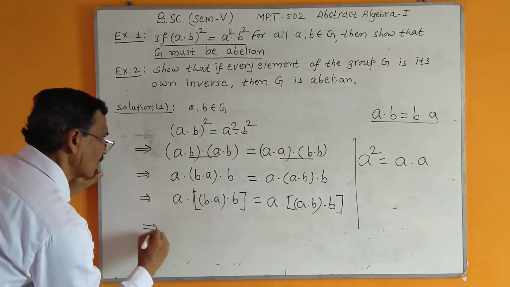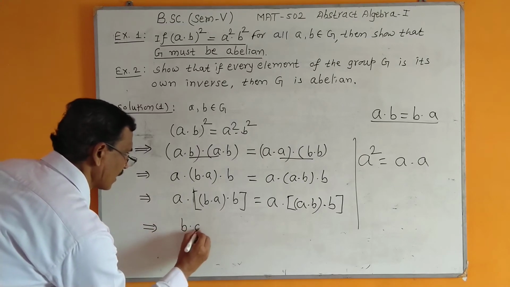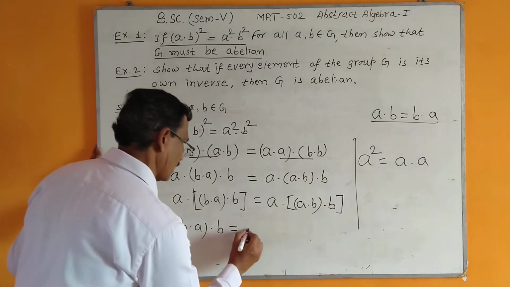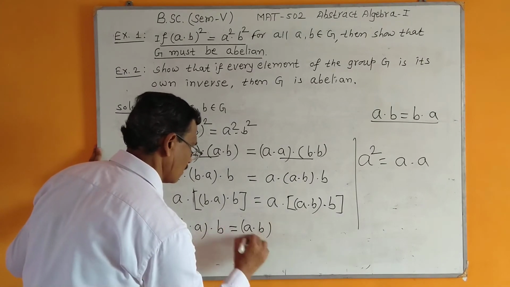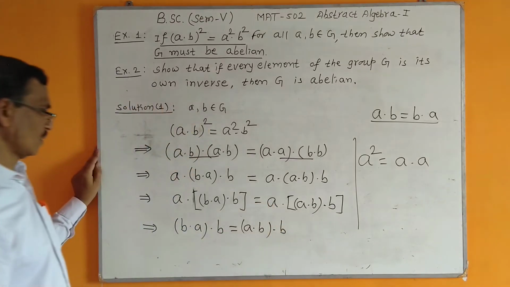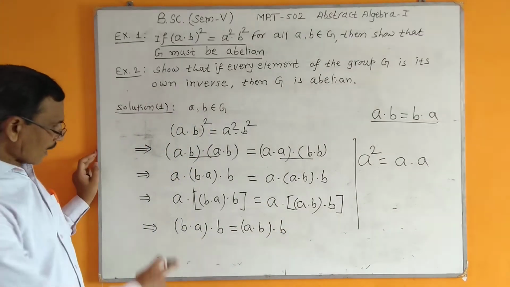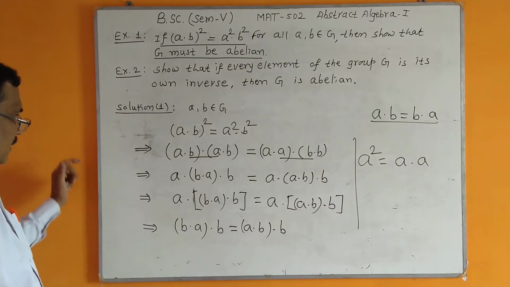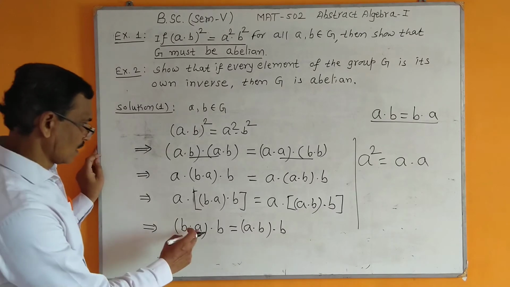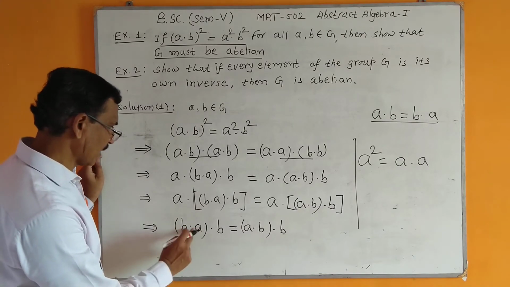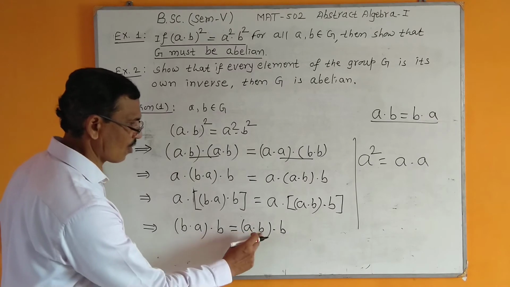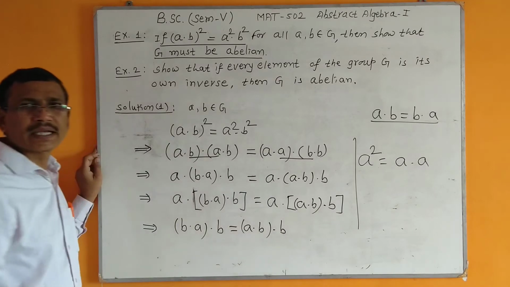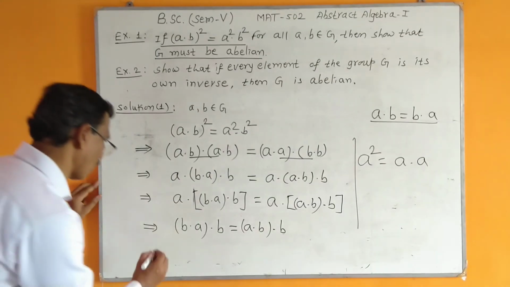Using the left cancellation law, this is written as b·a·b equals a·b·b. Now we can cancel b on the right side by applying the right cancellation law.